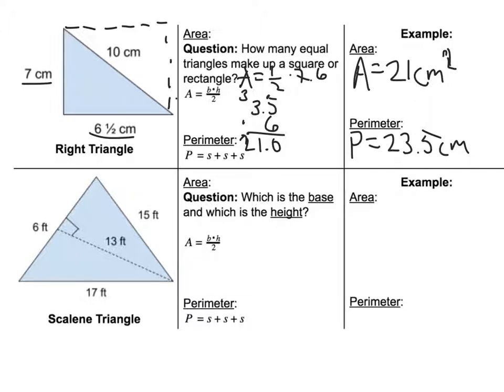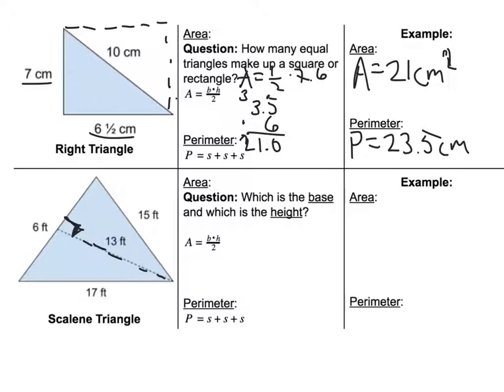All right, now the area of the second triangle here is really, this is trying to throw us off because we're looking at a sideways triangle. If you look at this dashed line down the middle and this angle right here, this is indicating a right angle. In other words, what they did was they took the triangle and tipped it sideways just to kind of throw us off.